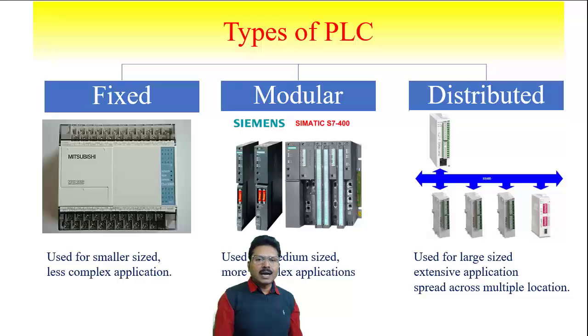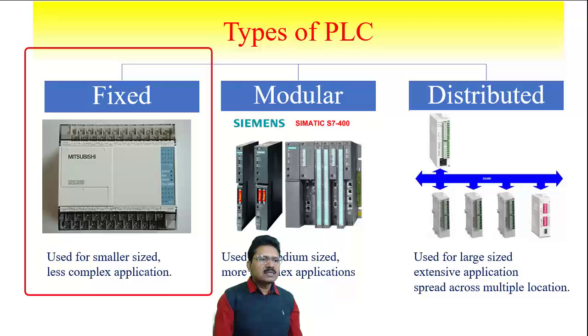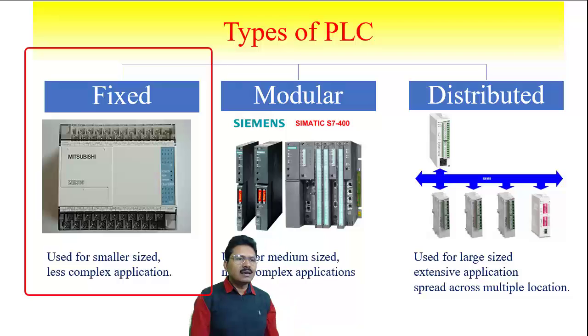According to different hardware configurations, PLC might be categorized into fixed PLC, modular PLC, and distributed PLC. Fixed PLCs are used for smaller sized, less complex applications. A fixed PLC normally has a single unit, meaning all the functions are built into a single unit.